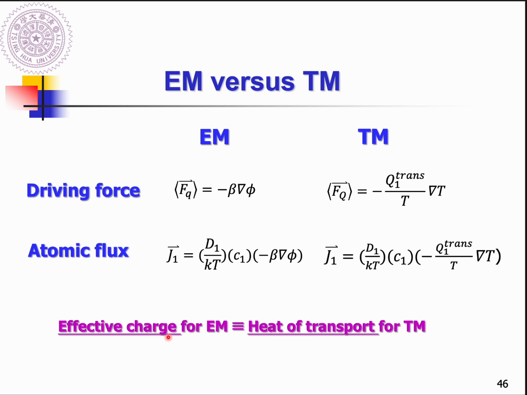The effective charge of diffusing atoms for electron migration can somehow be considered similar to the idea of the heat of transport for thermal migration, okay? Don't forget the sign and the value are meaningful to describe the direction of the moving diffusing atoms.